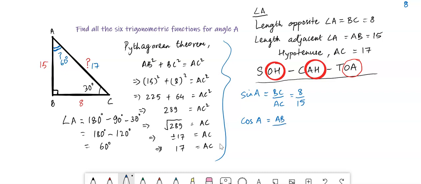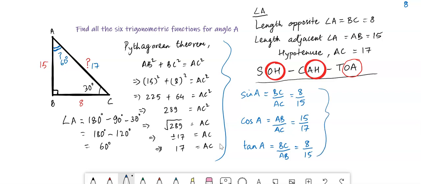Adjacent is AB, hypotenuse is AC, and that is going to be 15 over 17. Now finally, tan of A is going to be opposite over adjacent. Opposite is BC and adjacent is AB, and that is going to be 8 over 15.